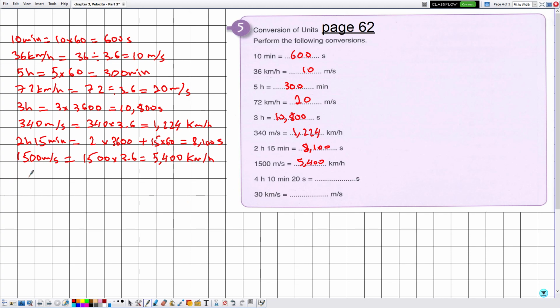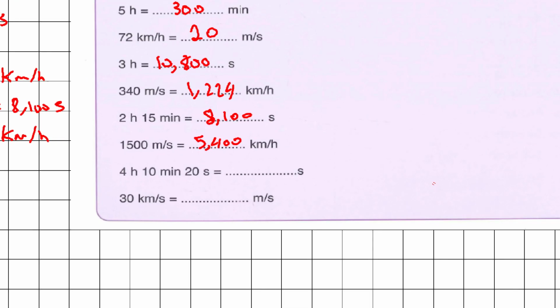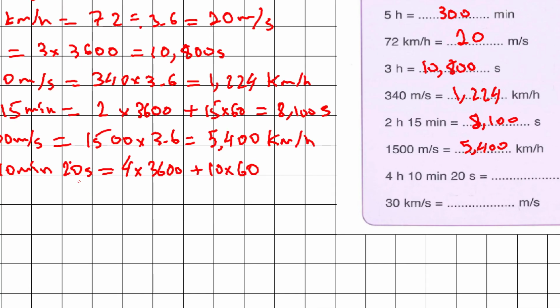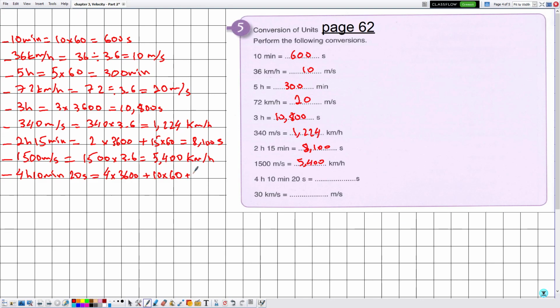Now as for the duration, which is given by 4 hours 10 minutes 20 seconds, we need to convert this duration into seconds, knowing that each hour contains 3600 seconds, each minute contains 60 seconds. Then 4 multiplied by 3600, 10 multiplied by 60, and as for the seconds, it is already in seconds.